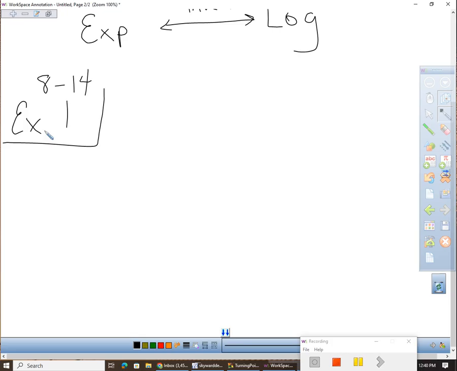When you are solving, I am going to ask that you get a common base. Then you are going to set exponents equal.